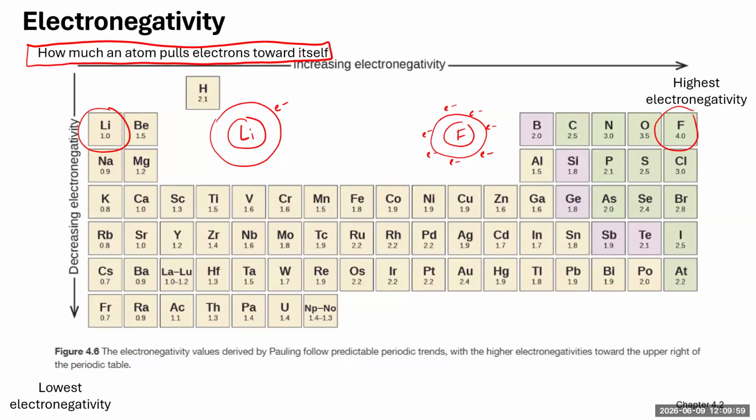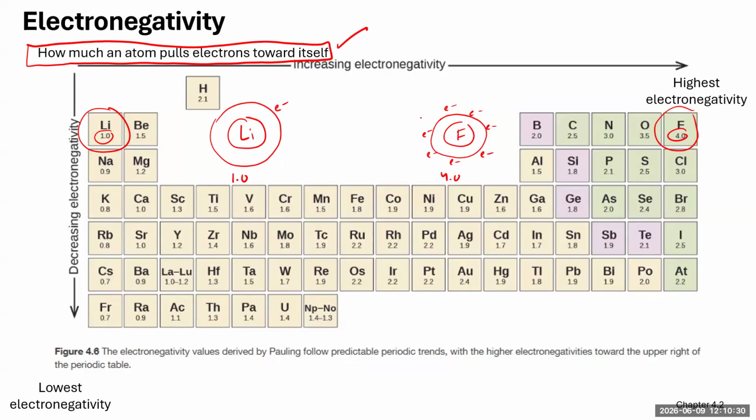Again, electronegativity is how much an atom pulls electrons toward itself. So lithium has an electronegativity value of 1.0. The actual number doesn't matter a lot. Fluorine has an electronegativity value of 4.0. So fluorine has a higher electronegativity value, which means it pulls electrons really, really close to itself.